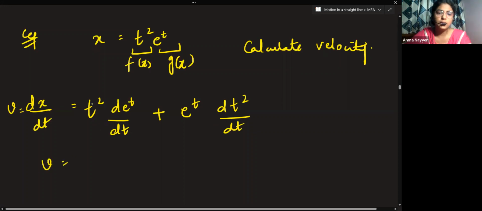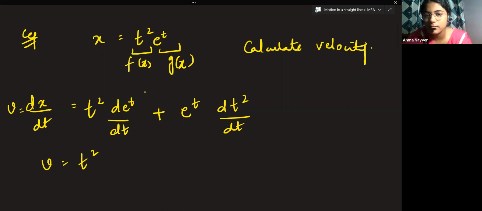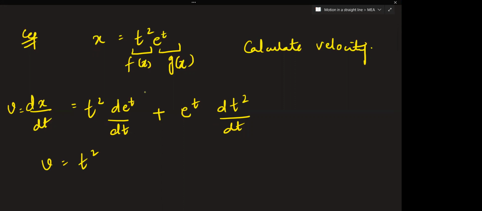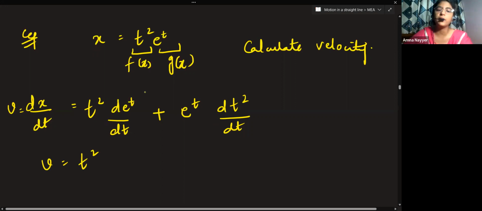So let's solve it. T square. How do we differentiate exponents? E to the power t, on differentiating, what will we write? Exactly, it will be written as e to the power t. We write it still as e to the power t, because exponents on differentiating give us the same thing back.